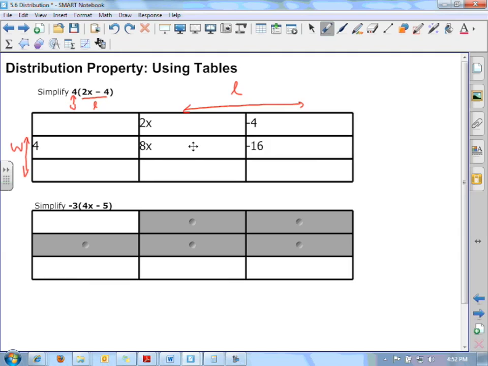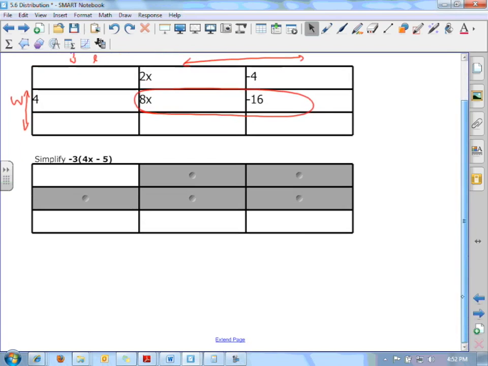So in this box here, and it looks nicer on your table where it's not as bolded, that represents the area. So the simplified form, when I expand this, I get 8x minus 16. So that's another way to expand or to use distribution.